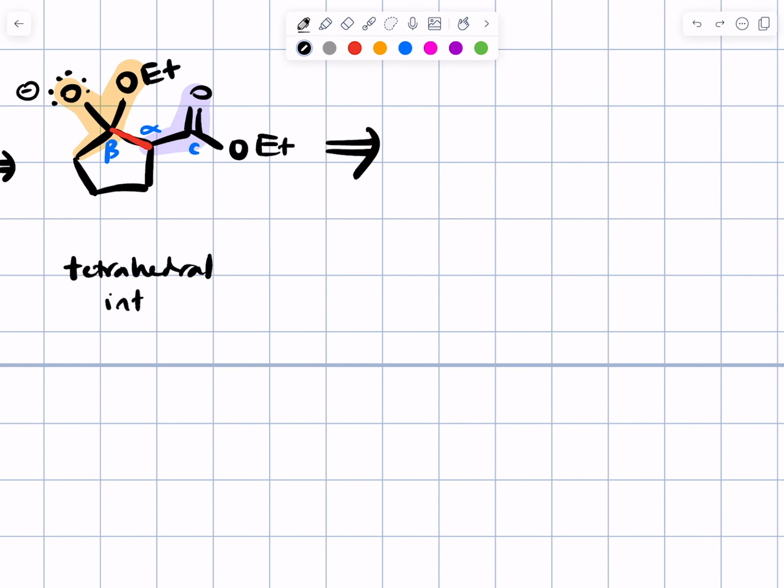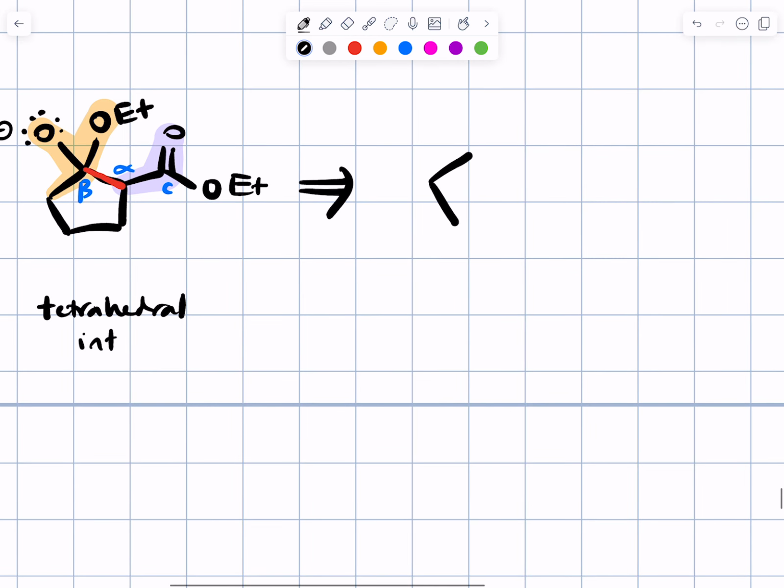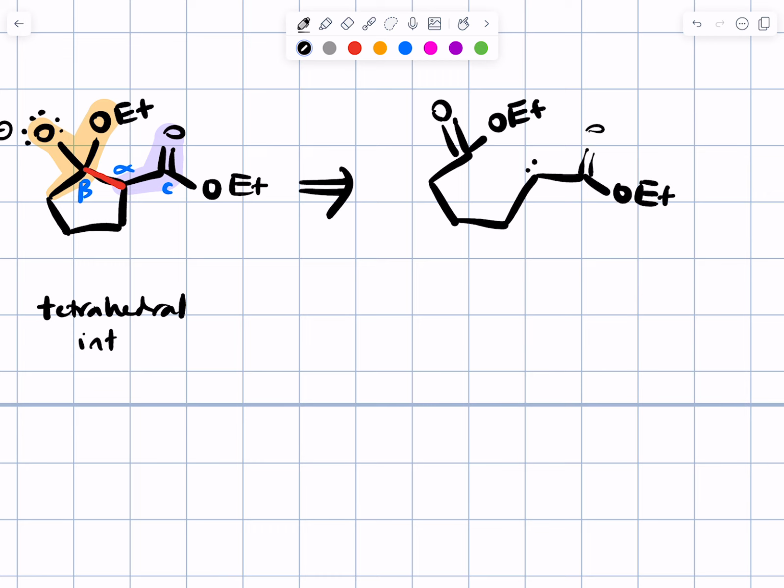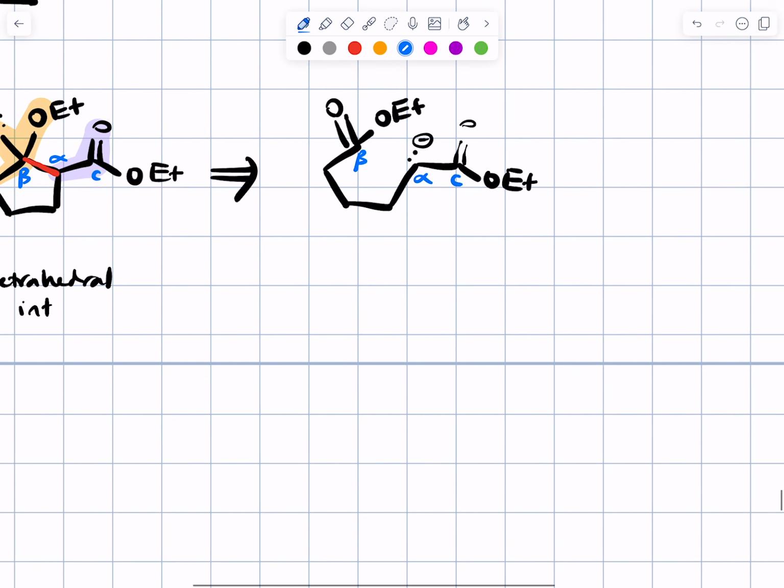So I'll draw that here, trying to keep things all in the same spatial orientation. Carbonyl carbon, alpha carbon. This is going to be our beta carbon.